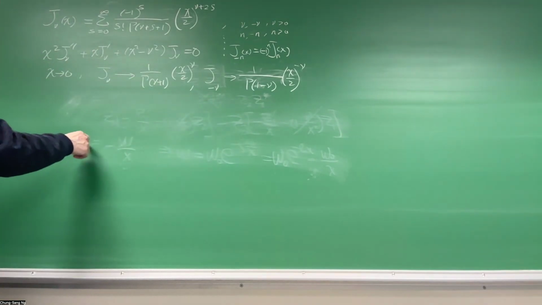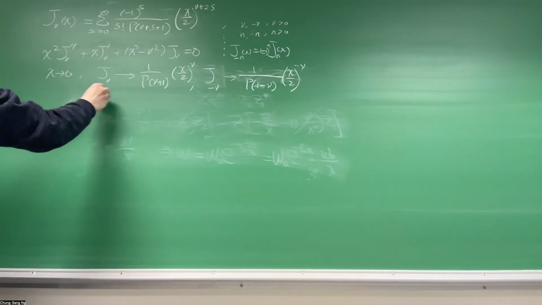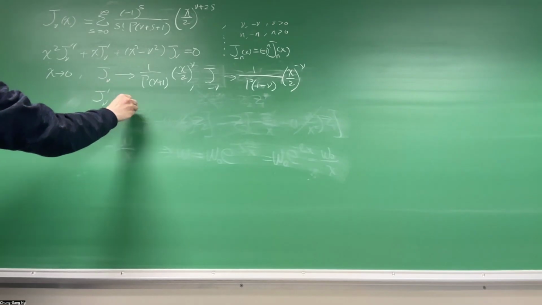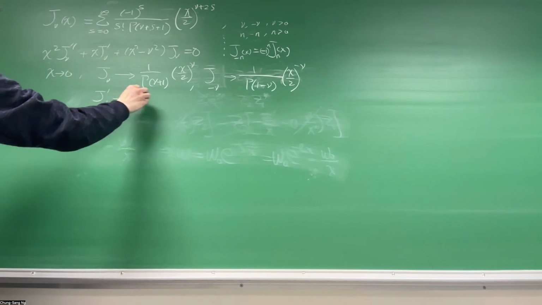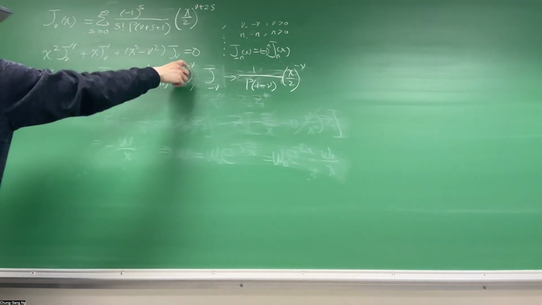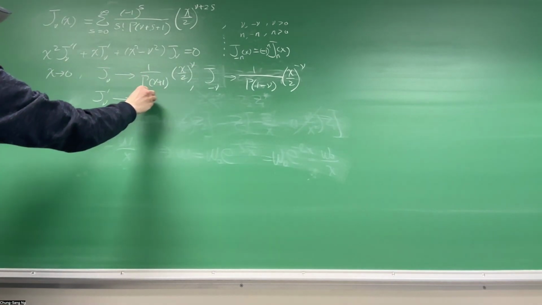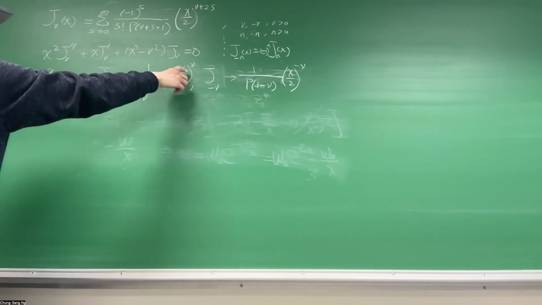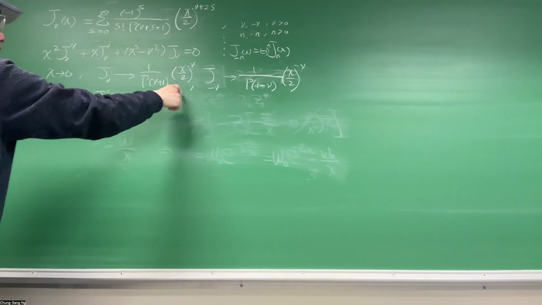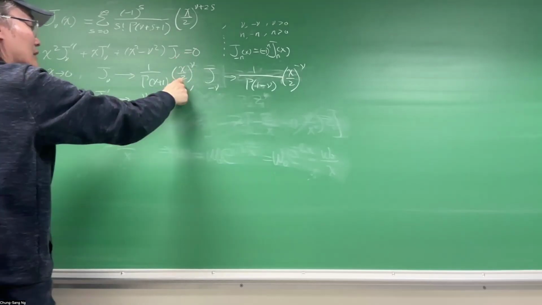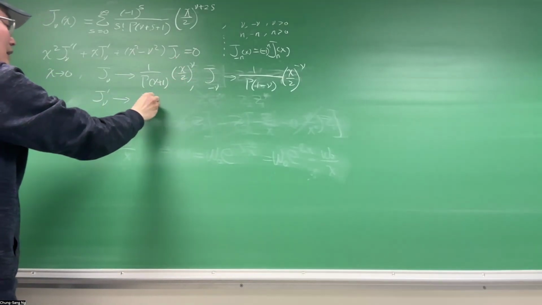Now we need the derivative also in the Wronskian. So J nu prime just goes to, you have a nu and x to the nu minus 1, and then take the derivative of the argument, which is 1/2.